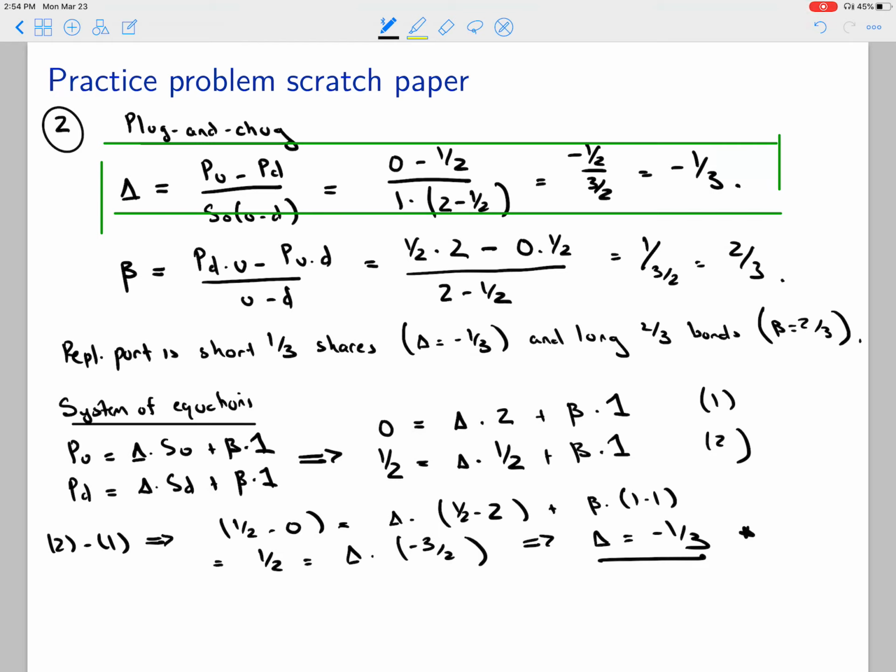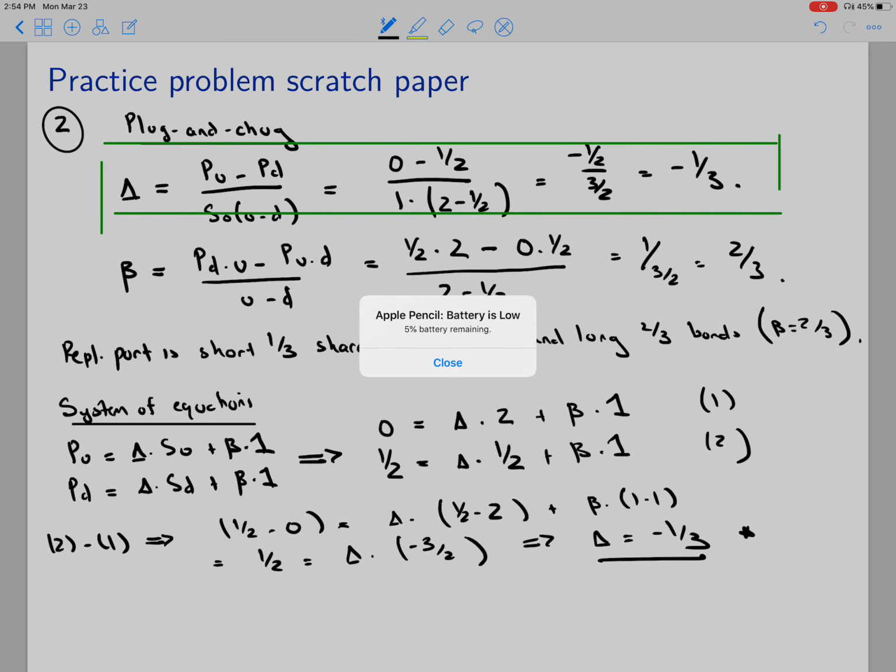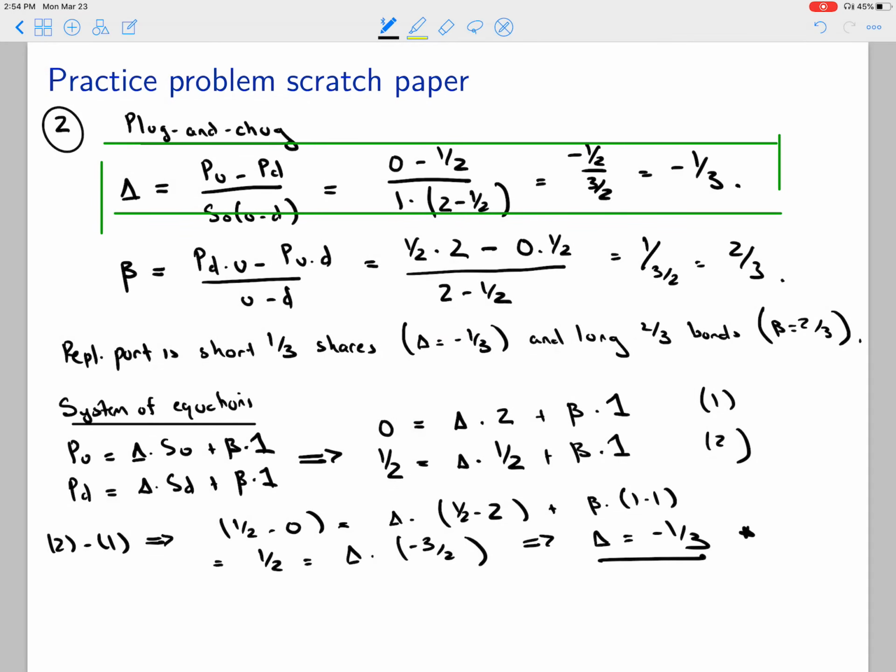Now what we can do also to find the beta is we just plug in the value of delta into either of the equations. Let's plug in delta to equation 1. Once we plug in delta, it becomes one equation, one unknown.